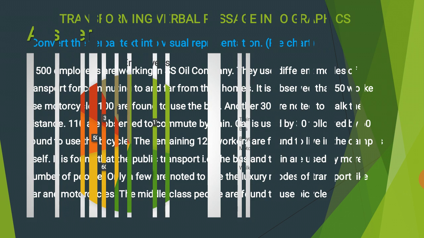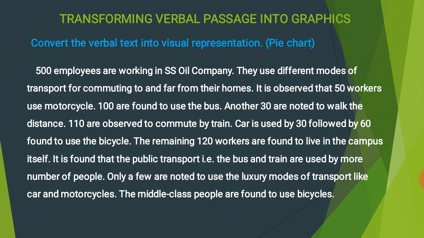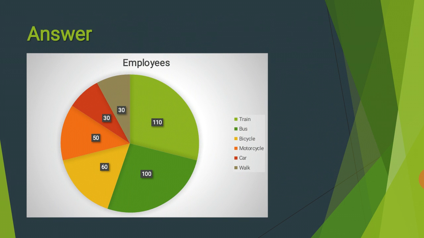I have divided the particulars: 500 employees are working in SS Oil Company, using different modes of transport for commuting from their homes. It is observed that 50 workers use motorcycles. So we have the values 100, 110, 60, 50, 30, 30.